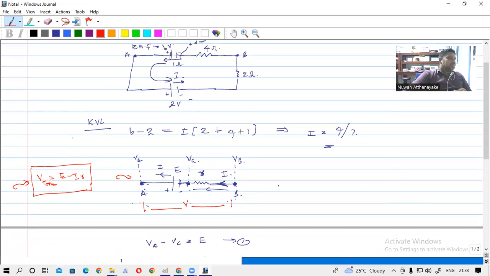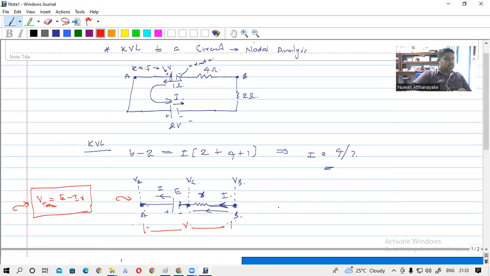If you want to find the voltage between these two terminals, you can use the same logic. You can write the battery like this with the EMF and the internal resistance, and you have another resistance here. Let's say this is R and R. Here the I is flowing like this. Let's say this is VA, this is VC, and this is VB. In the same manner, VA minus VC is equal to the EMF E of the battery.